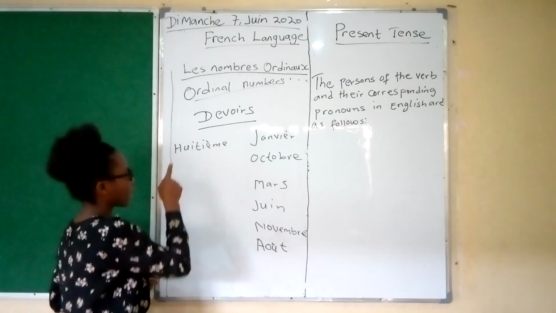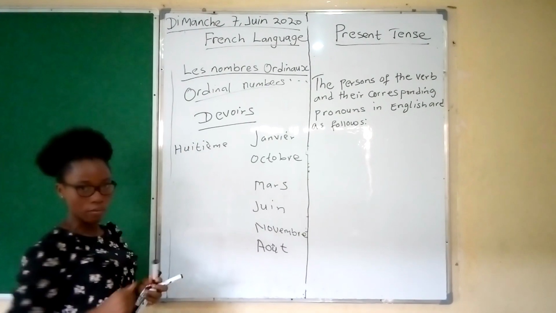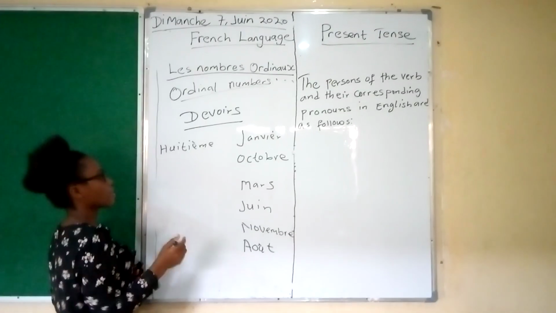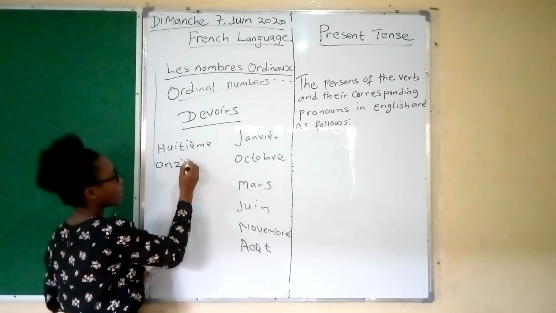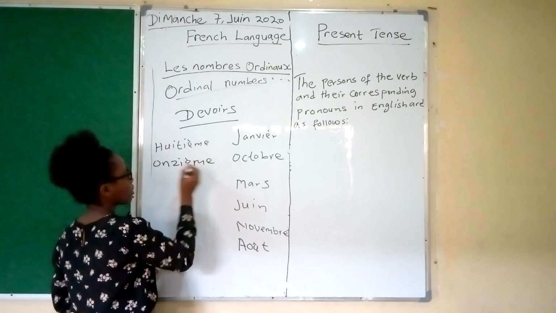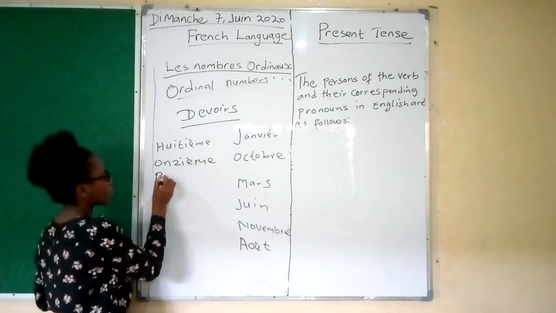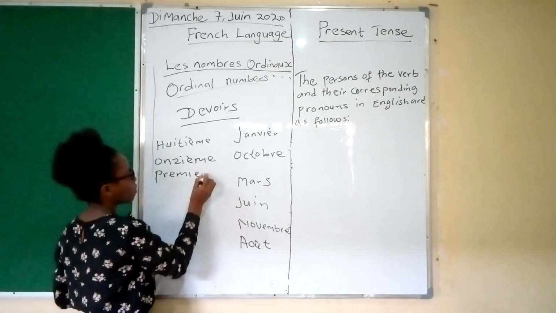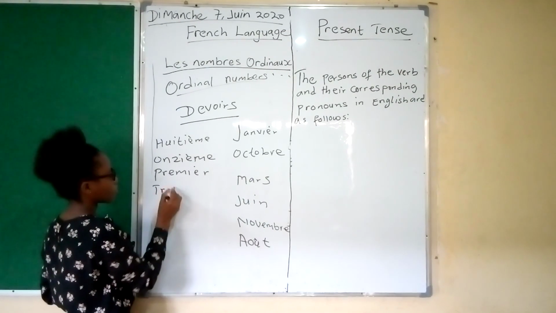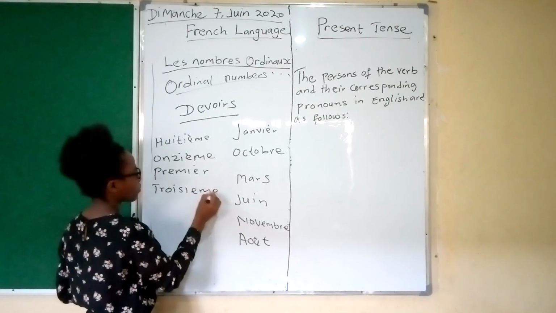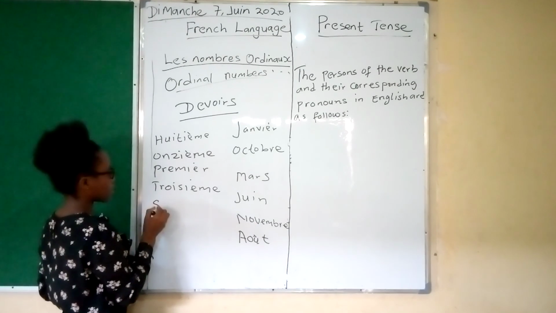So you're going to match huitième to the 8th month of the year. The next one, onzième. You look for it and match it. Première. You match it. Troisième. Sixième.